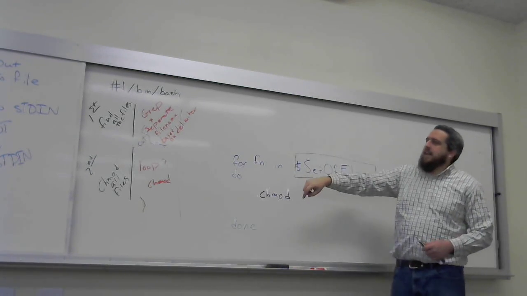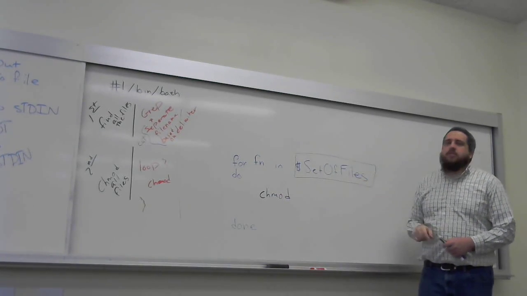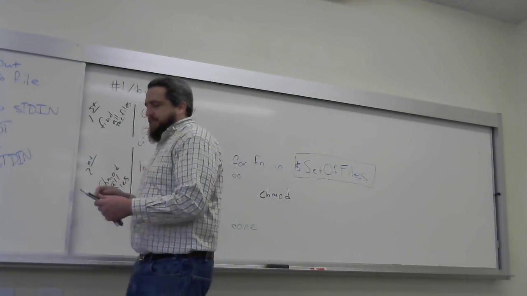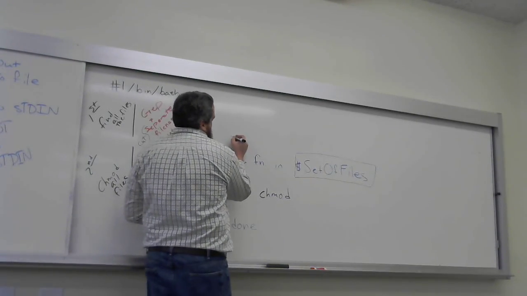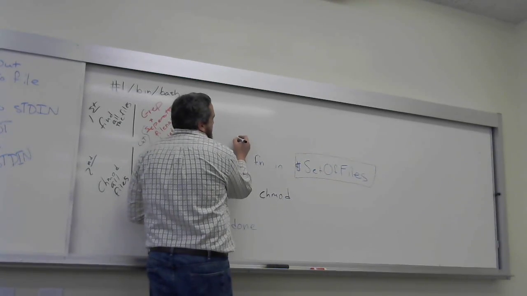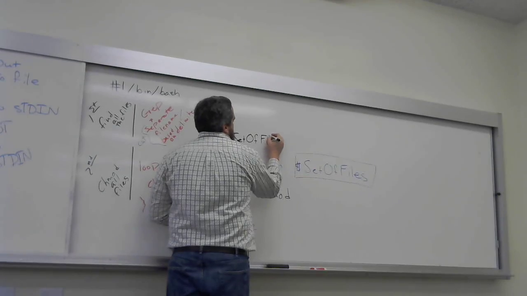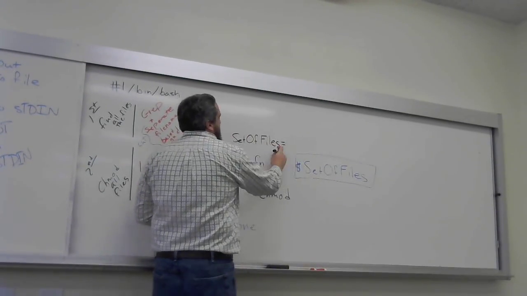But this set of files here is the connection between the two of these. And so when I'm saying, hey, I want to get information from here to here, I'm going to be putting it through a set of files. That tells me that in my first section up here, my last line or one of my later lines should be something along the lines of set of files equals something.